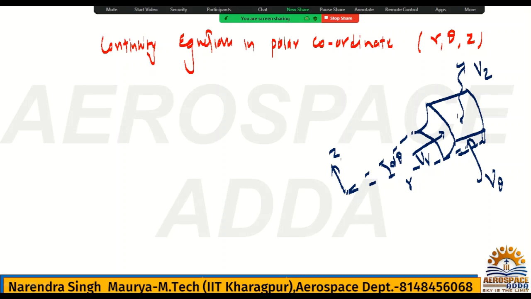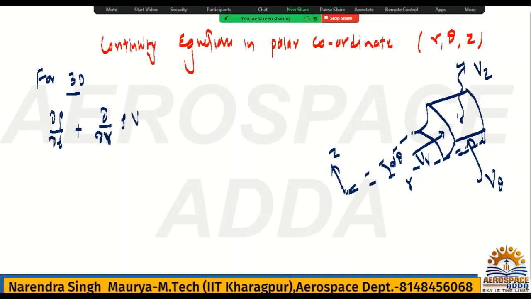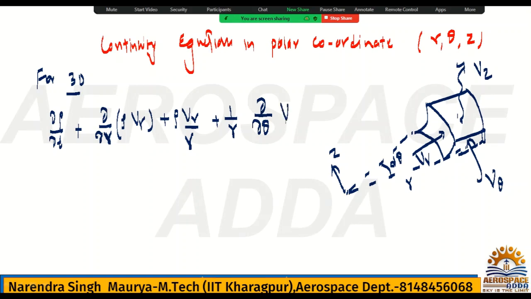Okay, so if you write the continuity equation in polar coordinates for 3D, you will have dou rho by dou t as usual like previous, but from here onward it will change: dou by dou r of rho vr, where vr is the radial velocity, plus rho vr by r, where r is the radius, plus 1 by r dou by dou theta of rho v theta, where v theta is the tangential velocity, plus dou by dou z of rho vz is equal to 0.